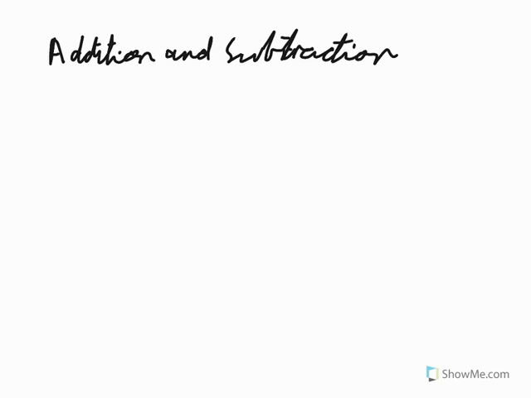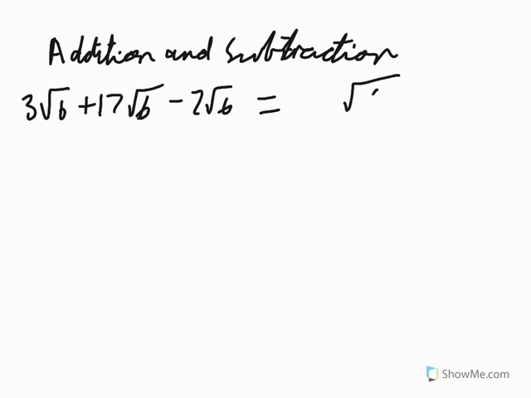For example, 3 root 6 plus 17 root 6, take 2 root 6. These surds are all square root 6. So we've got 3 lots, we add 17 lots, and then we take 2 lots of square root 6 away. How many lots do we have in the end? Well, 3 plus 17 is 20, take 2 is 18, so we've got 18 lots of root 6.